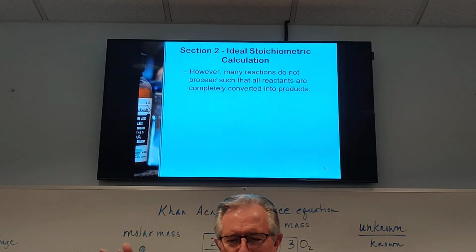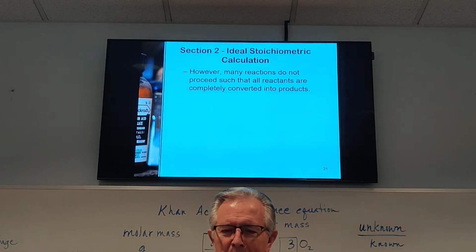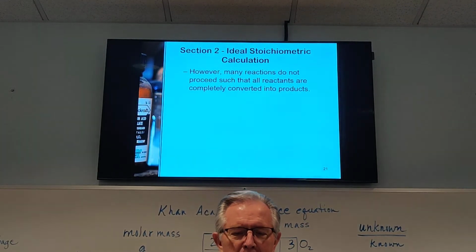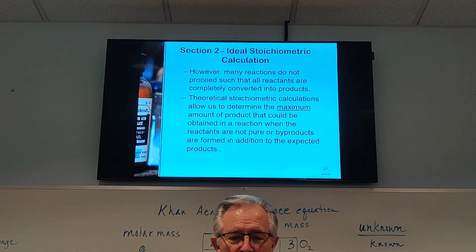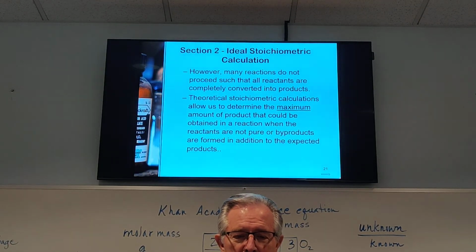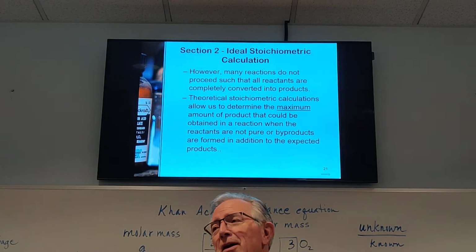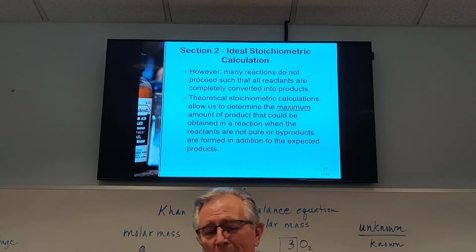So all these different things can keep us from getting the theoretical amount. The theoretical amount is just going to be the maximum. You could never get any more than this. That's all it tells us.